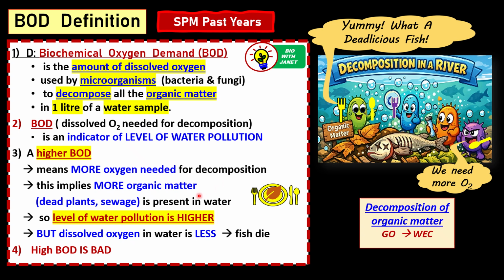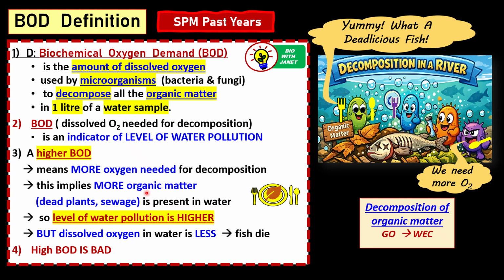So this implies that there's more organic matter such as dead plants, sewage, human waste or animal waste present in the water, because more oxygen is needed for the decomposition. So it implies that the level of water pollution is higher, because there's more organic matter in the water itself.